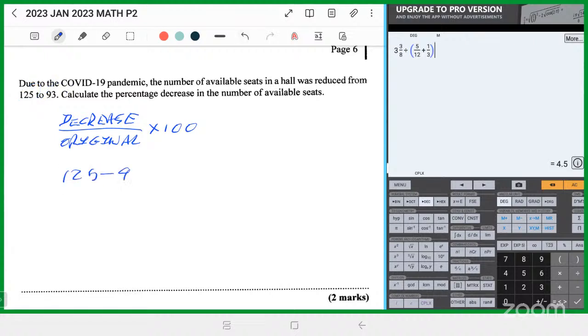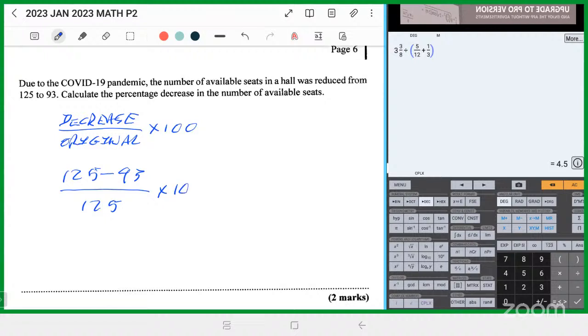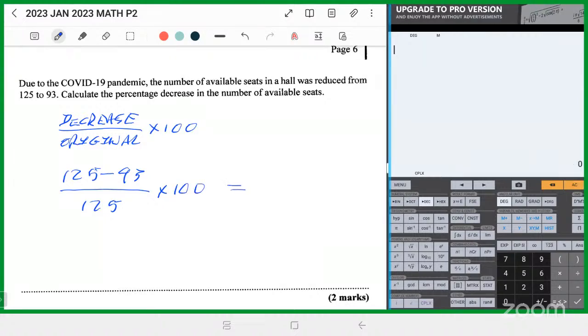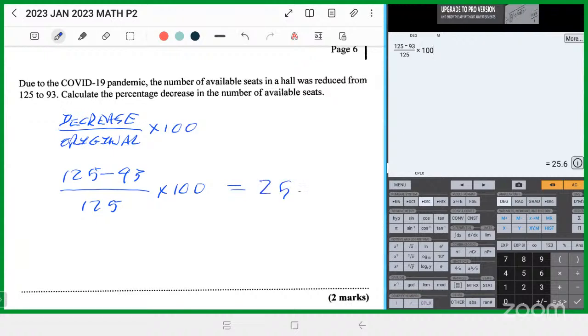Divided by the original number, 125, multiplied by 100. Let's put it in the calculator. 125 minus 93 over 125 times 100 is 25.6. That's the percentage decrease.